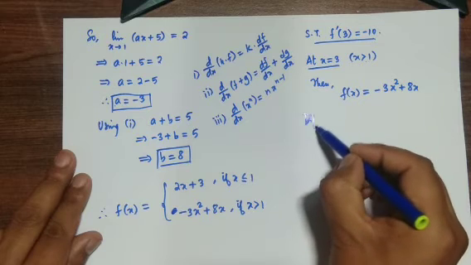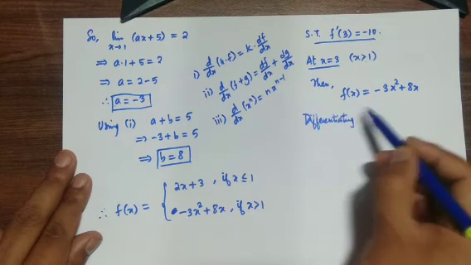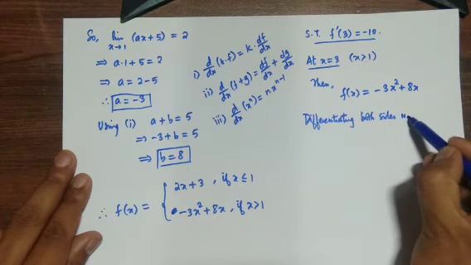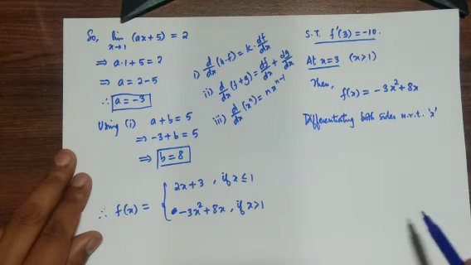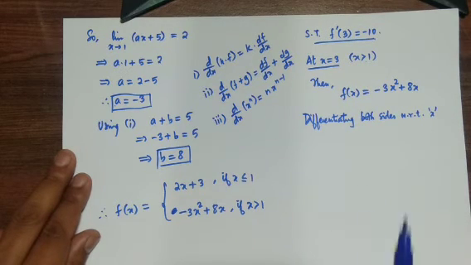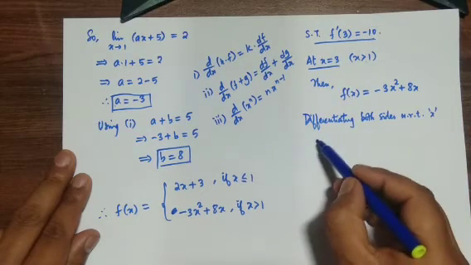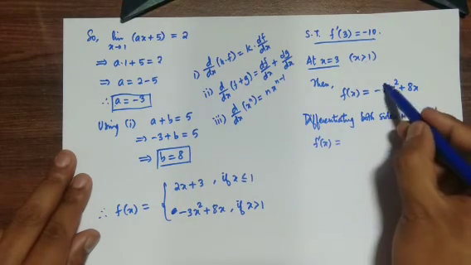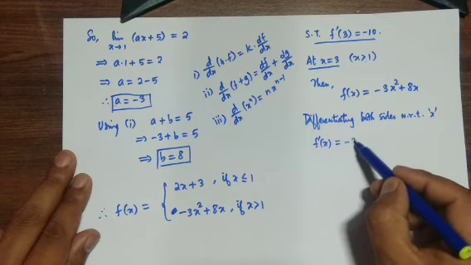So differentiating both sides with respect to x, since the variable here is x. After differentiating, f becomes f dash of x. Now minus 3 is a constant, so it can be written outside.